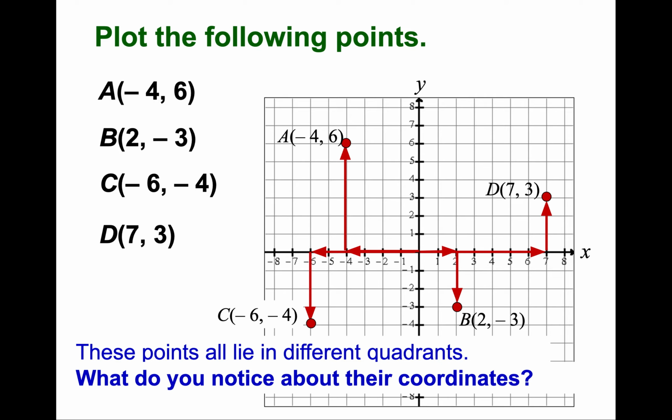It's actually good practice, from now on, if you have any point, without even drawing it on the Cartesian plane, if you know in which quadrant x and y are positive or negative, you know roughly where the location of the point is.